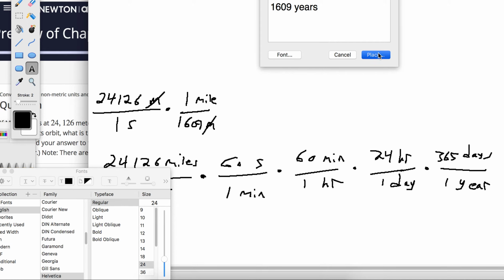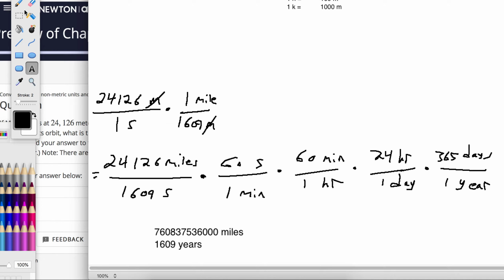Because we still had the 1,609 on bottom, right? Yeah, because all these units cross-canceled. So we got this many miles per this many years, okay?